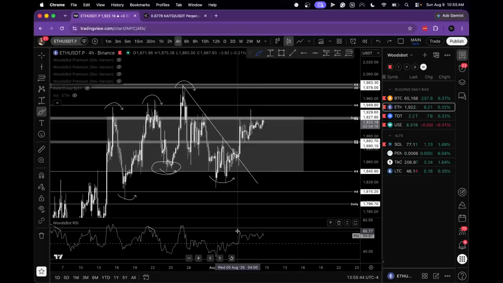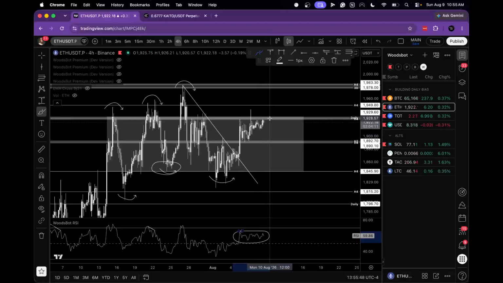But price looks pretty bullish where we're at. We already swept these highs and we didn't even close below here. It doesn't mean we can't, but you would kind of expect this reaction to probably be the one that sends us lower. Doesn't mean we can't go into this level to go lower.